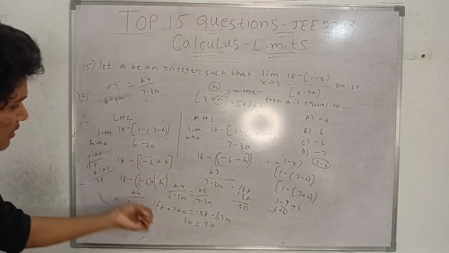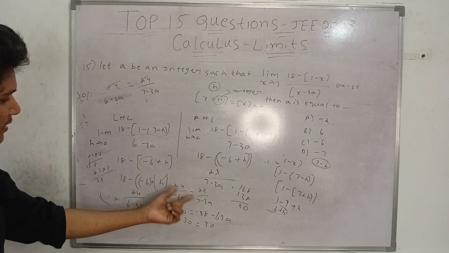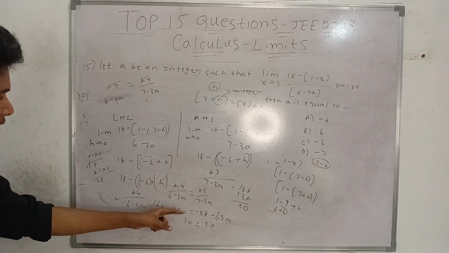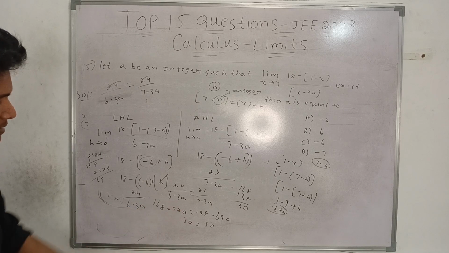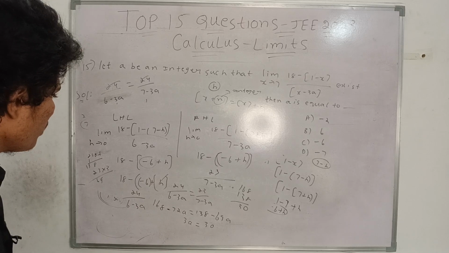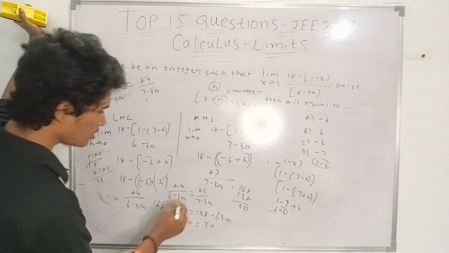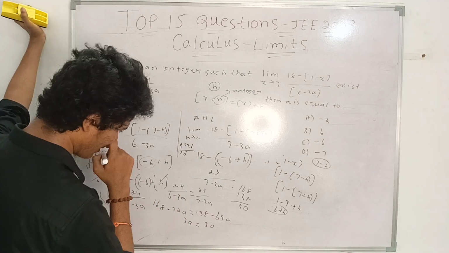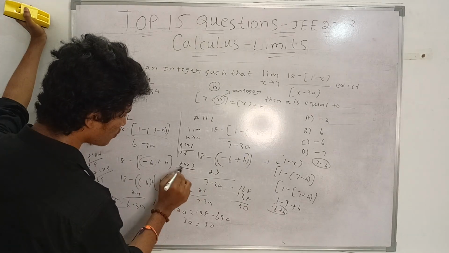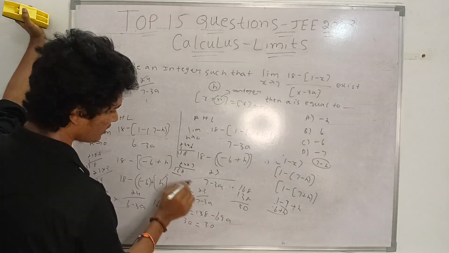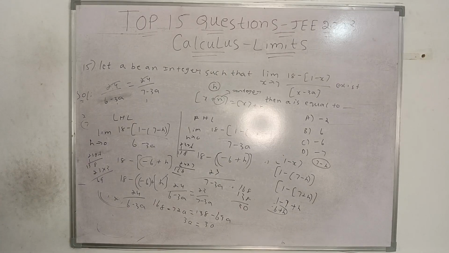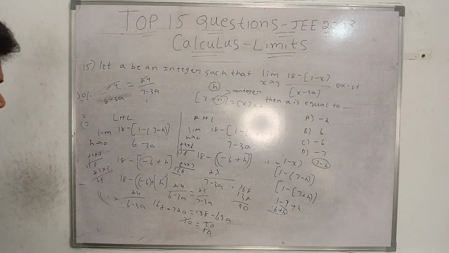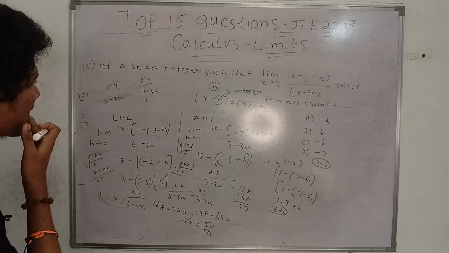Is this correct? 24 3s, it is 72 only. 22 3s, yes, it is also correct. But how are we getting like this? 23 into 6, 6 3s are 18, 6 2s are 12, 13, yes, correct. 24 into 7, 7 4s are 28, 7 2s are 14, 15, 16, yes, it is also correct. But we are getting a as 10, but a cannot be 10. So there is a problem here.